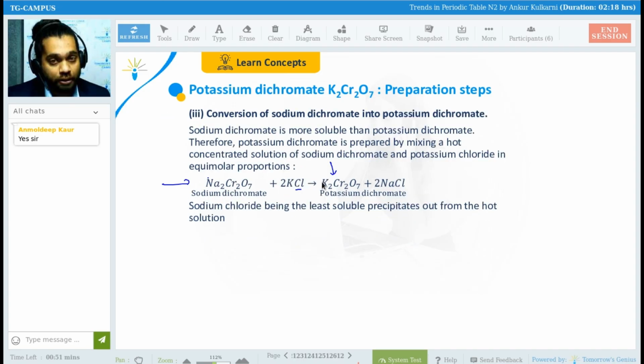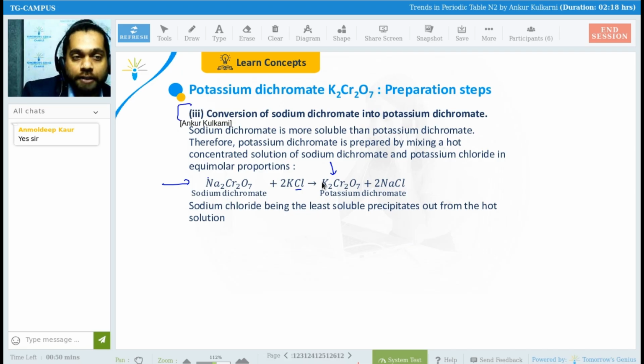Write down the third also, conversion of sodium dichromate into potassium dichromate. Write down the third step also.